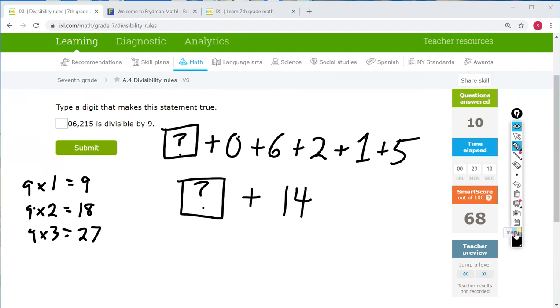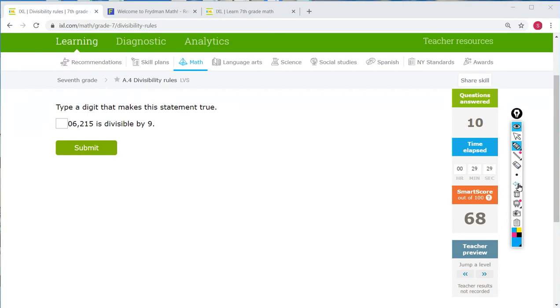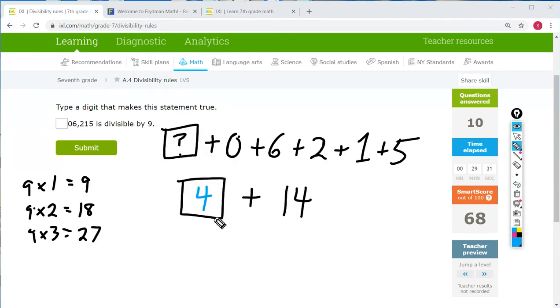And so actually, what I could do is put the number 4 in here. Why am I putting the number 4 in here? Because I know that 4 plus 14 is 18, which is a number that is divisible by 9, because 18 is a multiple of 9.